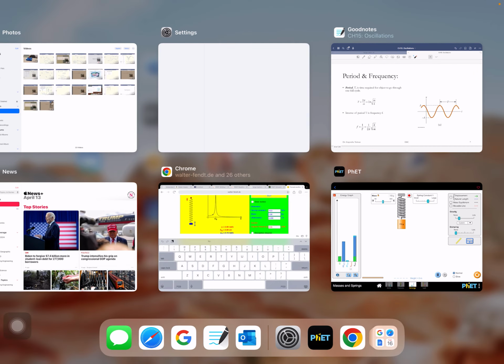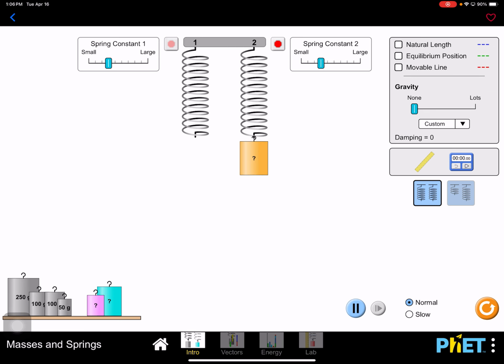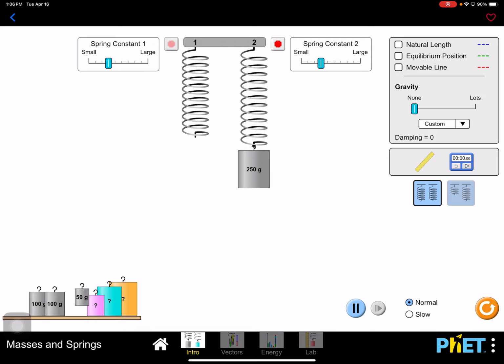So I'll show you. Let's go here. So you can see the oscillations there, right? What I'll do is, the spring is the same. I attached a heavier mass.